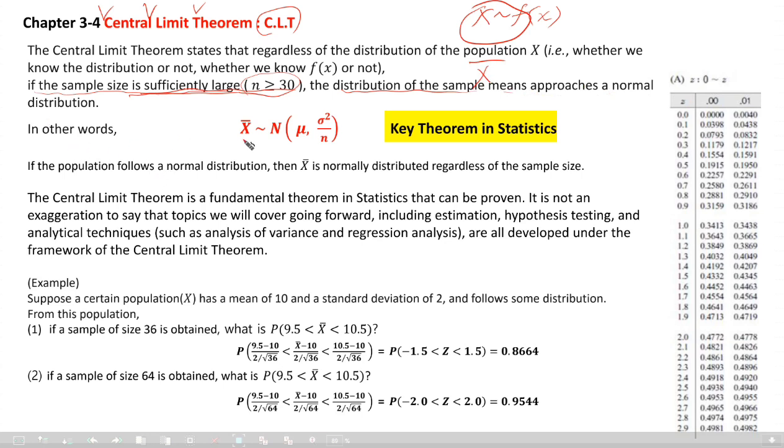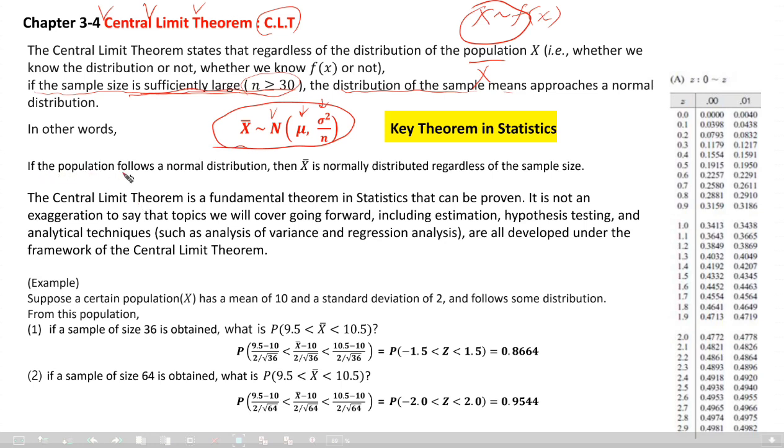In other words, x bar follows a normal distribution with mean mu, the population mean, and variance, the population variance over n. It is very short and not difficult to understand if you understand capital-letter samples.